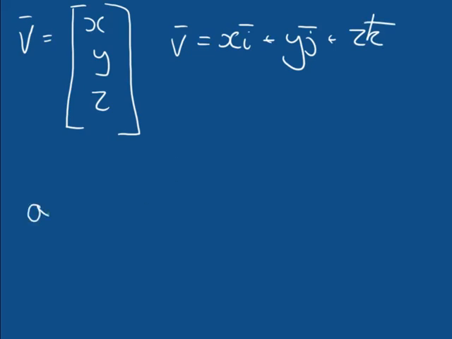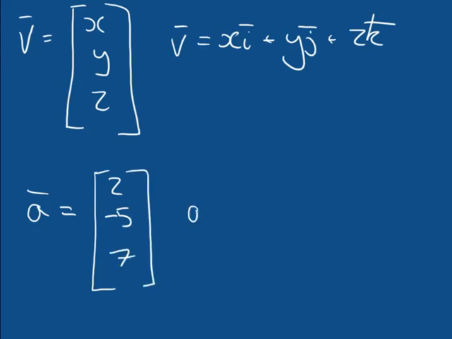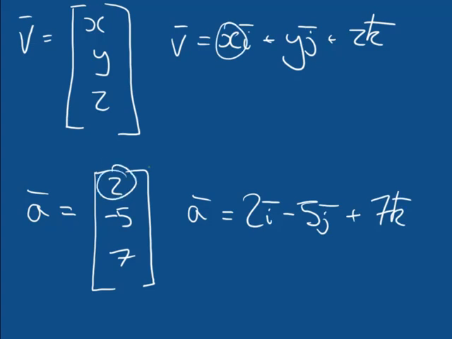Now if I had another vector a equal to 2, minus 5, and 7, say, then we could equally write a as 2i minus 5j plus 7k, because we've taken the x value, 2, multiplied it by i, which gives us 2i, taken the y value, minus 5, multiplied by j, which gives us minus 5j, and then taken the z value, 7, multiplied by k, which gives us plus 7k.